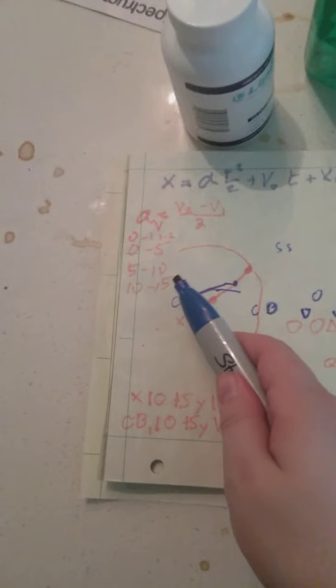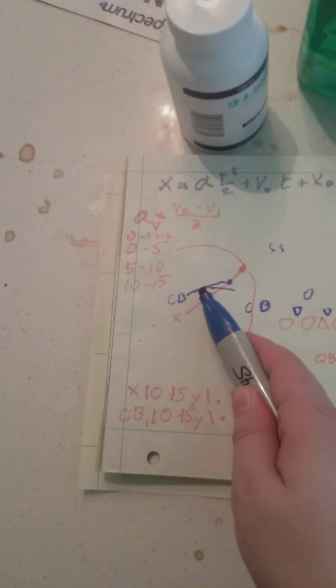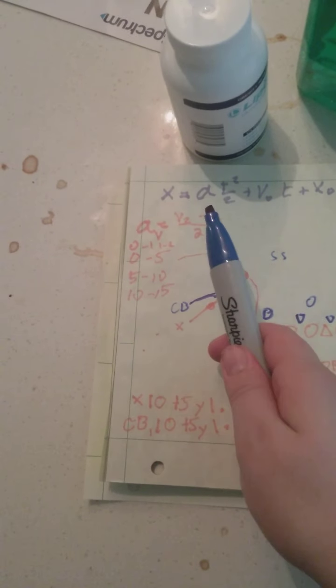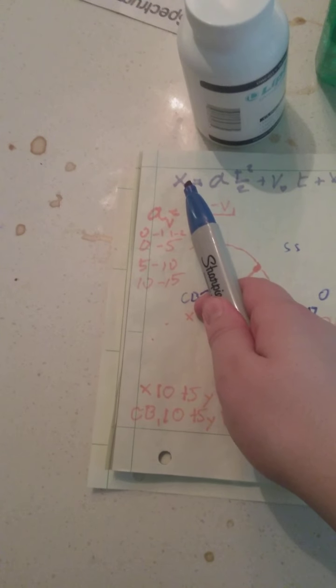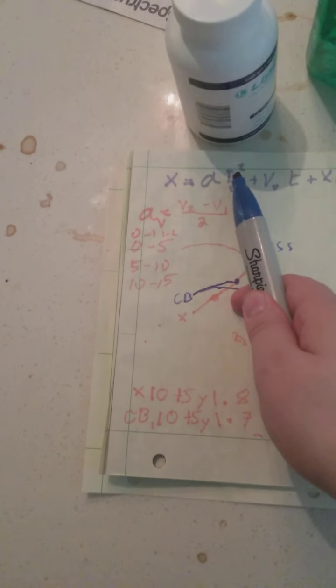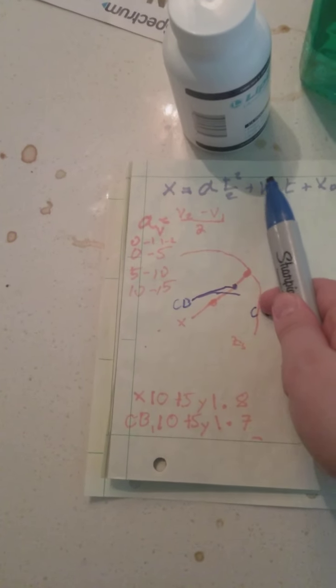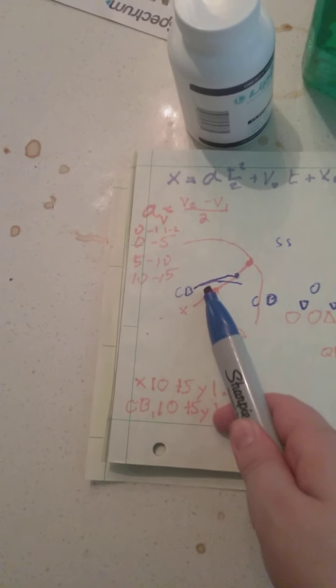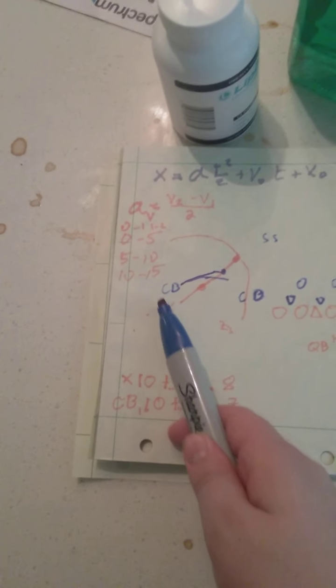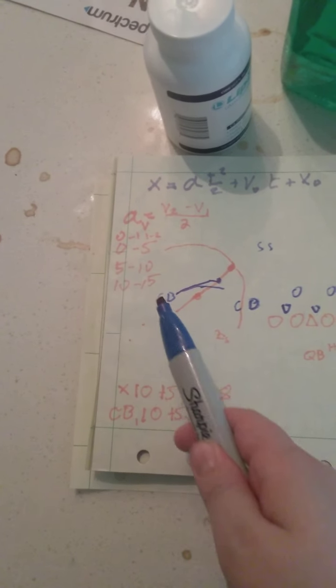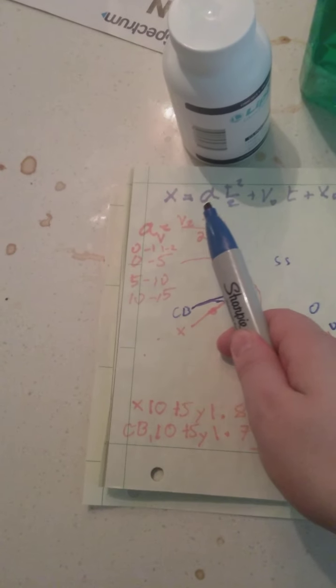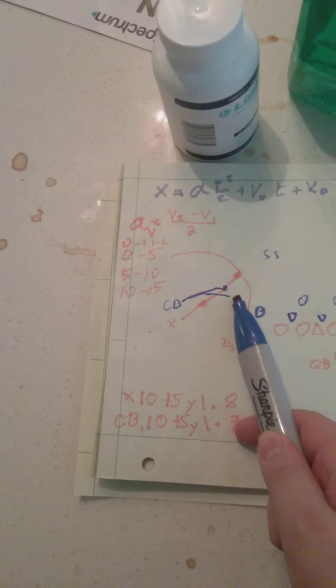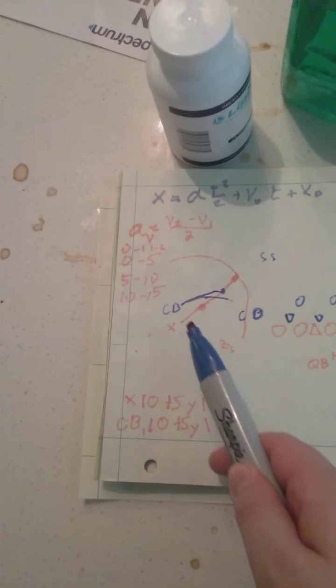So what you do is you measure this line, this distance, and you plug it in for X, and then you put in the time. The initial velocity of the cornerback in this case is 0. You learn the acceleration of the cornerback by filming their practice, and then you plug it in and you find the time for the cornerback to reach this position. You find the time for X receiver to reach this position.